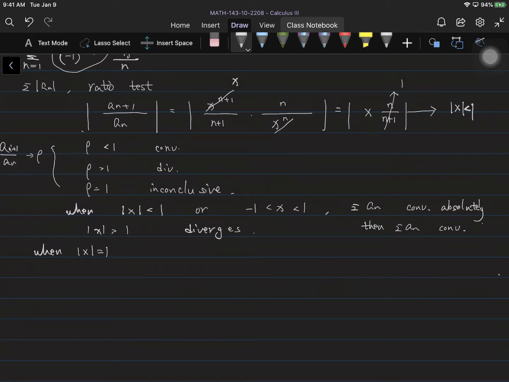That means the ratio test cannot tell whether it converges or diverges when rho equals 1, so for this case we don't know.